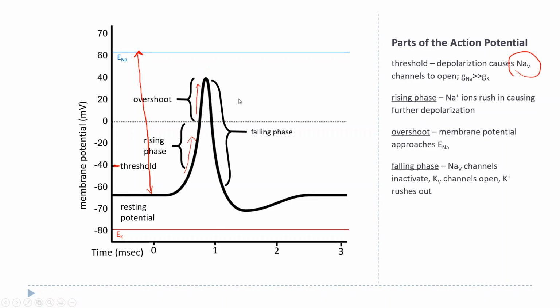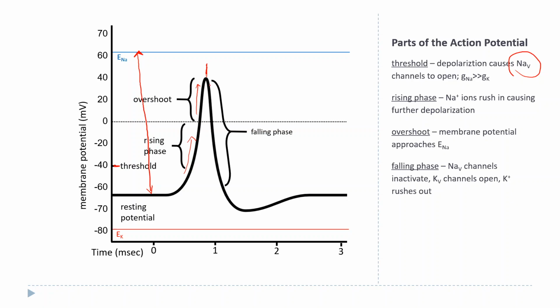But before that happens, you enter the falling phase, because here those sodium channels become inactivated. As the sodium channels inactivate, the sodium current stops and the potassium current takes over. Remember, before we even started this, we had open potassium channels, those potassium leak channels. As soon as the sodium channels close, the potassium current reasserts itself.